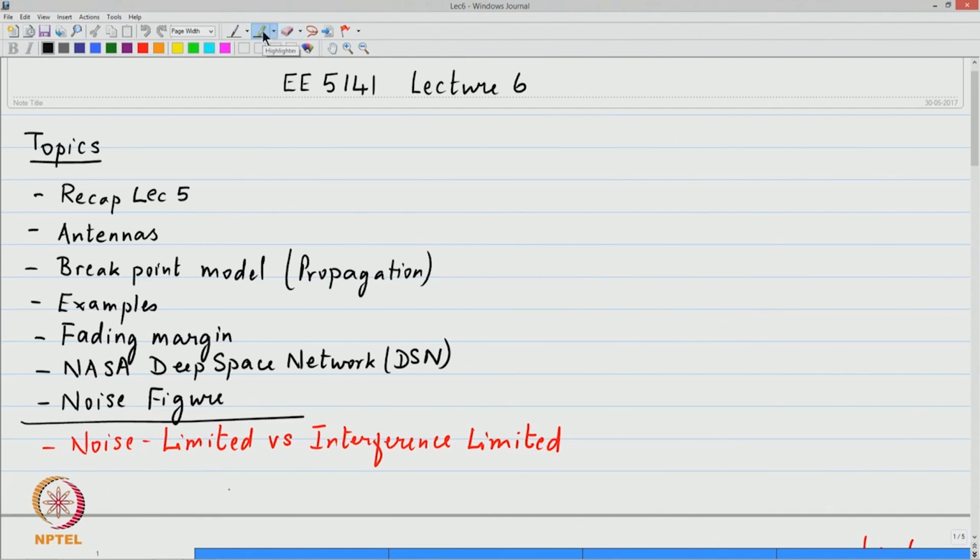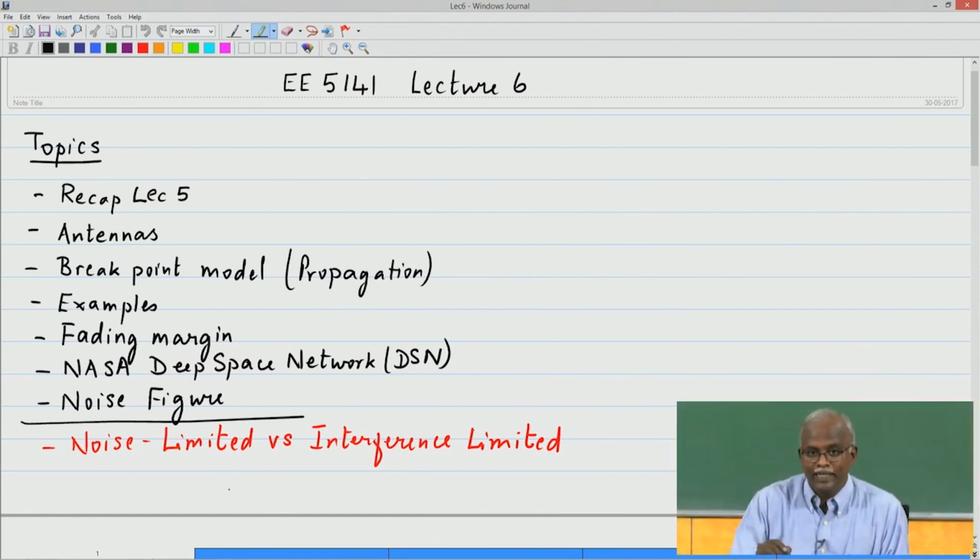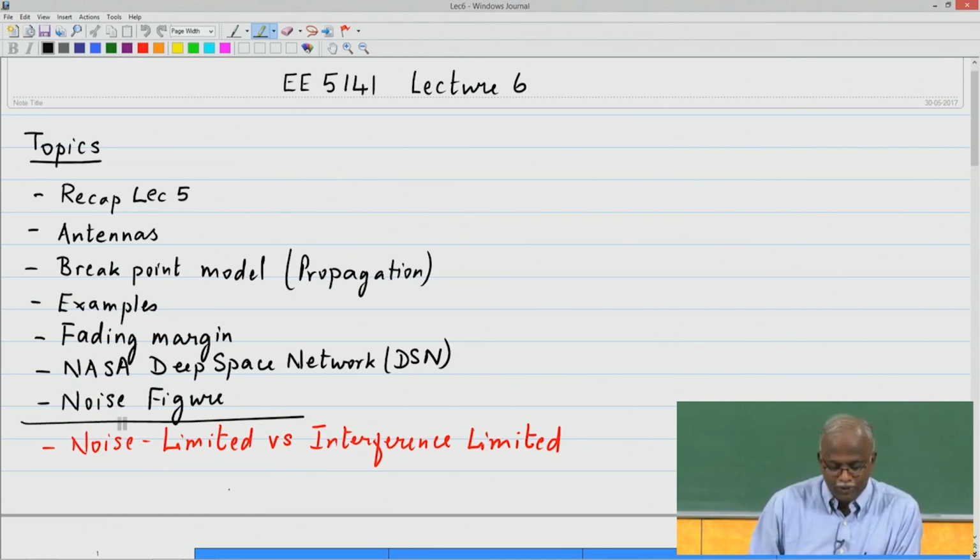The purpose of these topics is to work our way towards understanding the system design, and two of the elements that will play a big important role in system design: one is fading margin and another one is the noise figure. Now all of these concepts together help us to understand the noise limited systems.